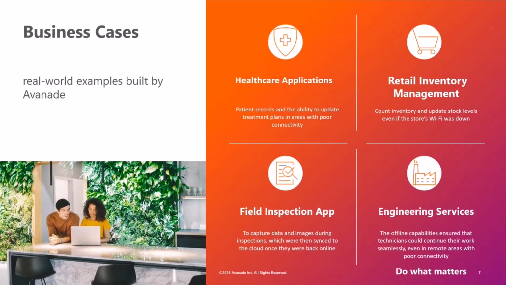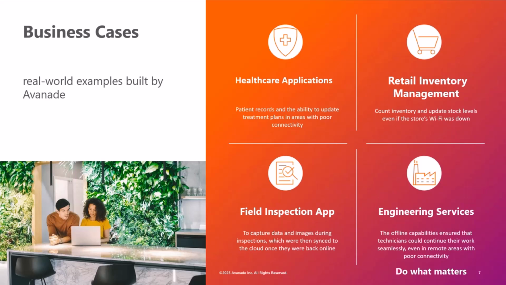How can we implement this in business cases? There are so many scenarios where we can implement offline capabilities. In healthcare, as an example, medical doctors need to get access to the patient's records and update them with treatment plans. This could be in a hospital room or in an operation room with no network coverage. Another example could be in retail, or in an inventory without internet.